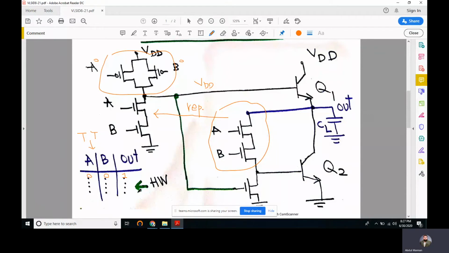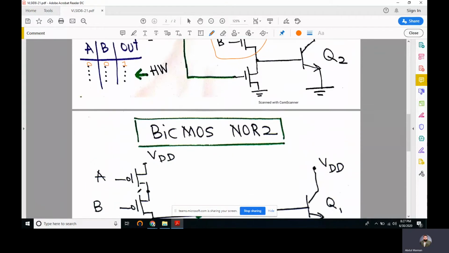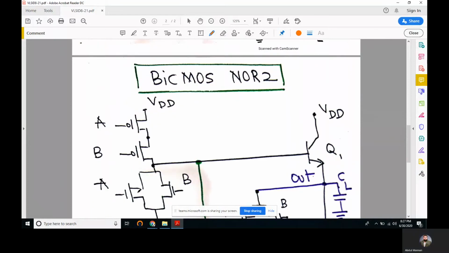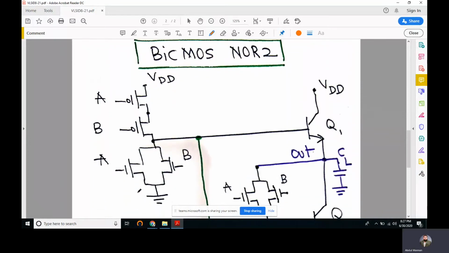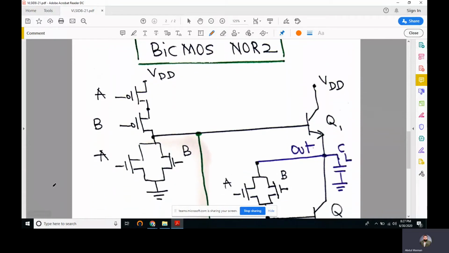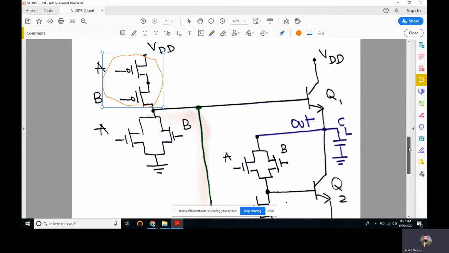Let's move on to the next slide, where I have drawn a schematic for BiCMOS NOR 2. So we adopt the same policy. The PMOS array of regular CMOS is drawn here. The NMOS array is drawn here.